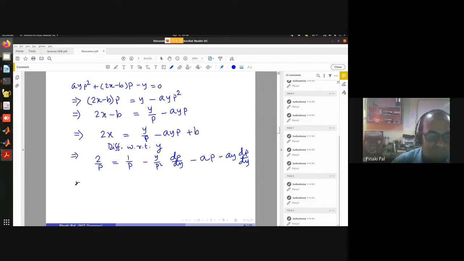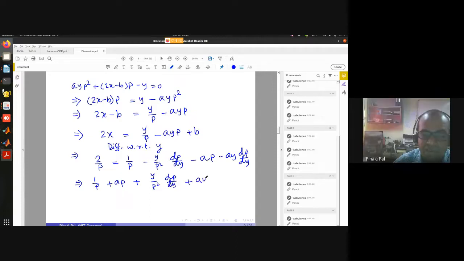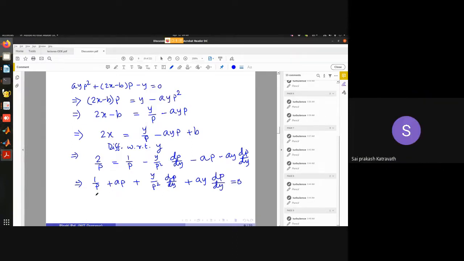So this implies, bringing everything to the left hand side, 1 by p plus a p, plus y by p square dp/dy plus a y dp/dy is equal to 0.